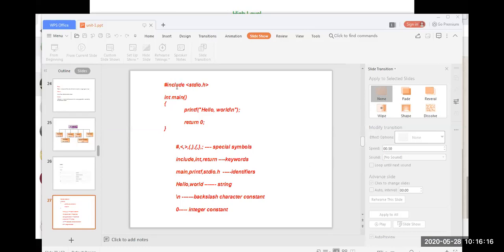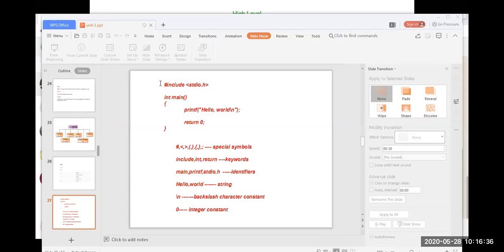Clear? Next, include, int, return are the keywords. Main, printf, stdio.h are all identifiers. Next, "hello world" is the string, \n is the backslash constant, and 0 is the integer constant.